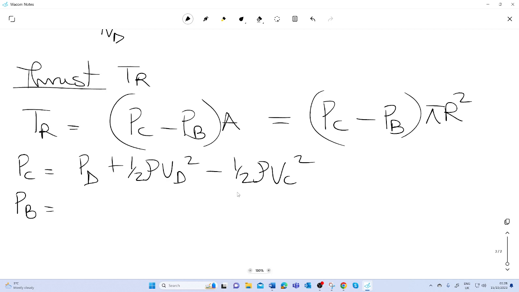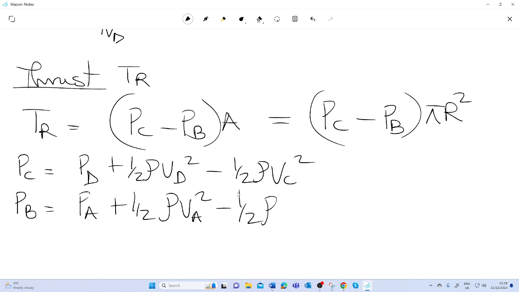And our PB can be deduced to be PA plus half rho VA square minus half rho VB squared.